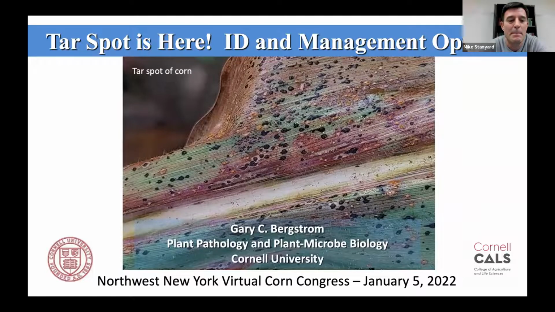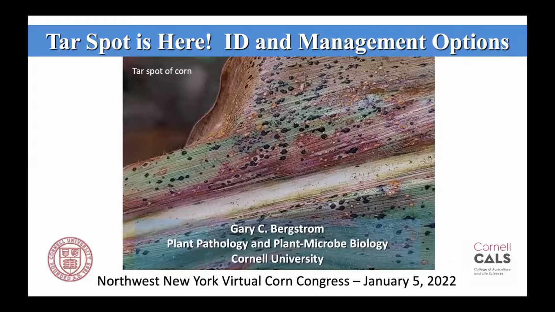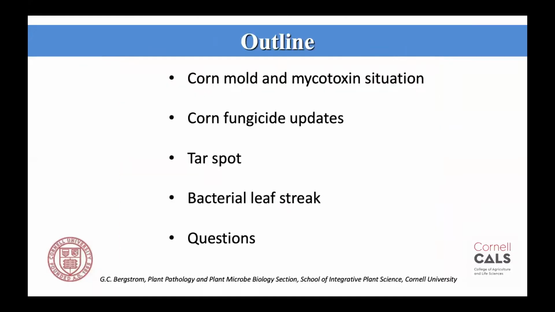All right, fantastic. So yeah, the main event is to hit on the main points with this new disease that you have heard me talking about for a few years, but we now have it here, tar spot. Just to outline, I'm going to mainly talk about that, but I also want to touch very briefly on corn mold and mycotoxin situation this year.